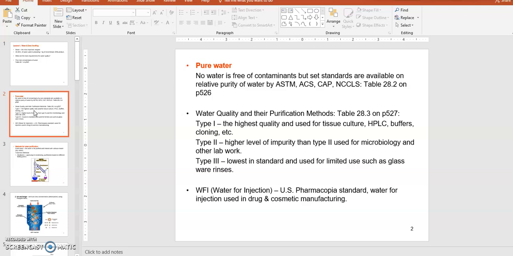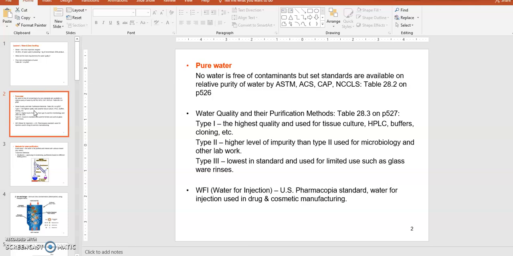It can be used for microbiology work and lab work of a different kind, maybe chemistry and biology assays and experiments. That type 2 may be okay. And type 3 will be the lowest standard, and it may be used for maybe glassware rinse. Not the final rinse. Final rinse should be with the type 1 water, but when you wash it with detergent and things, type 3 water may be fine. It may be like deionized water.